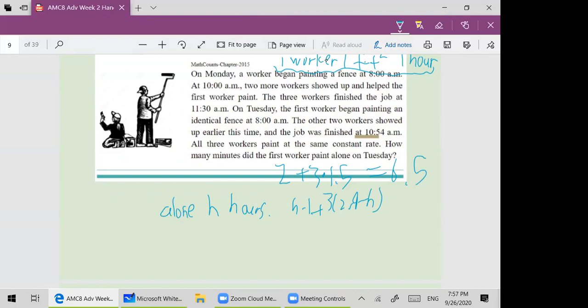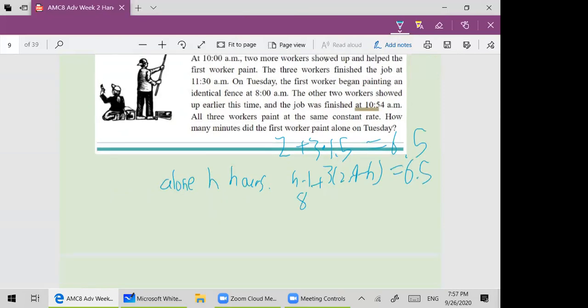And now 8.7 minus 2h equals 6.5. Solving this gives that h equals 1.1, which equals 66 minutes. So the worker painted alone for 66 minutes.